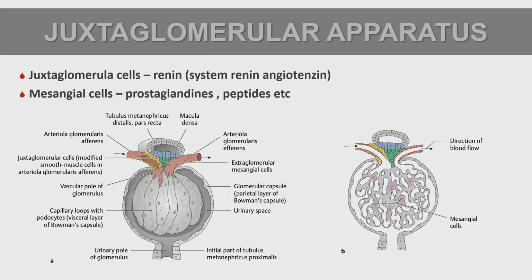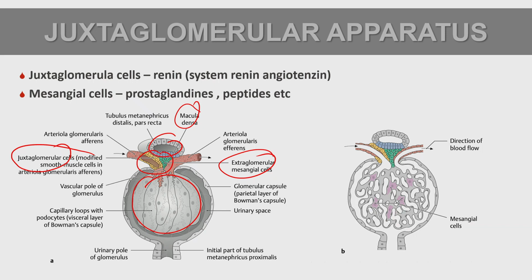The juxtaglomerular apparatus is a tissue between the glomerulus and the distal tubulus, where something important happens. There we have three important parts: macula densa, mesangial cells, and then juxtaglomerular cells.